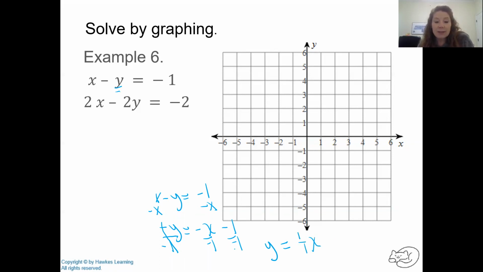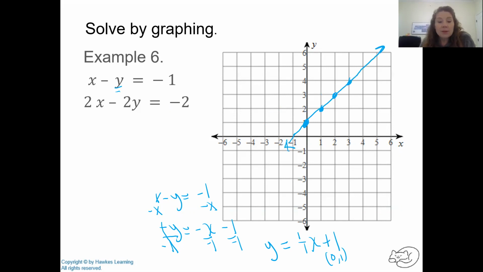And then -1 divided by -1 is +1. All right, my y-intercept is 0, 1. And then my rise is 1/1. So up 1, right 1, up 1, right 1, so on and so forth. Do that forever, couldn't I?